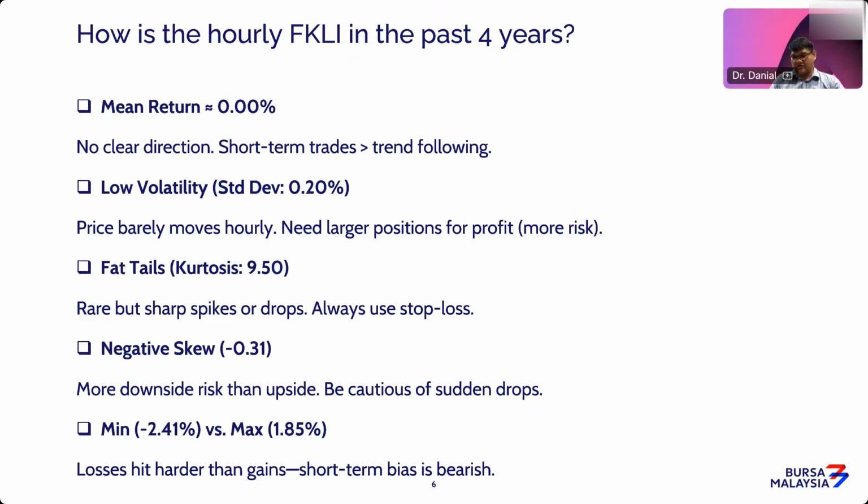However, the data here shows that kurtosis is 9.5. Anytime a sharp spike or sharp drop happens, if you always revise your stop loss, that will not end in a good way, right? So negative skew, negative 0.31. We will say more downside risk than upside. Be cautious of sudden drops.